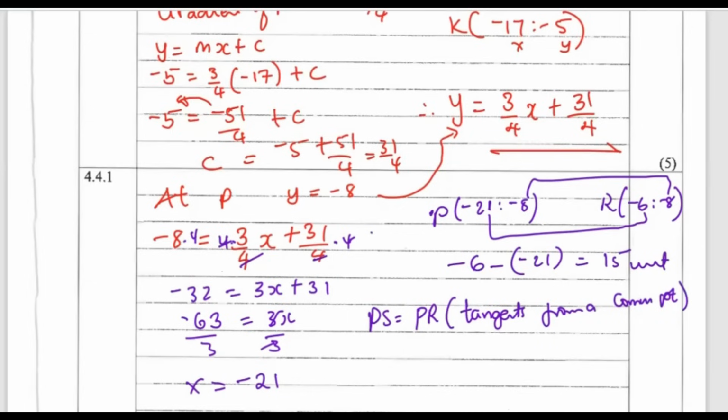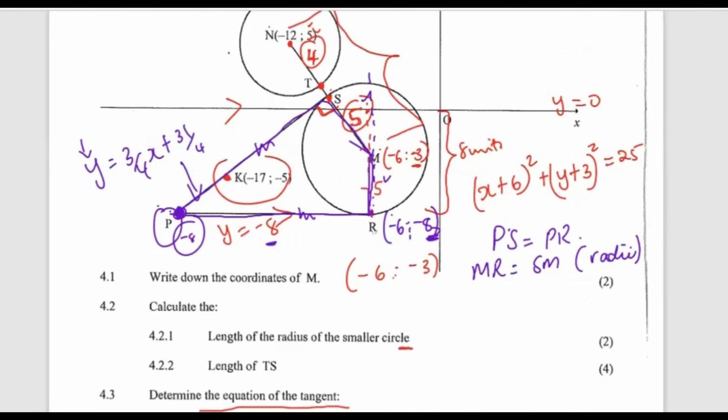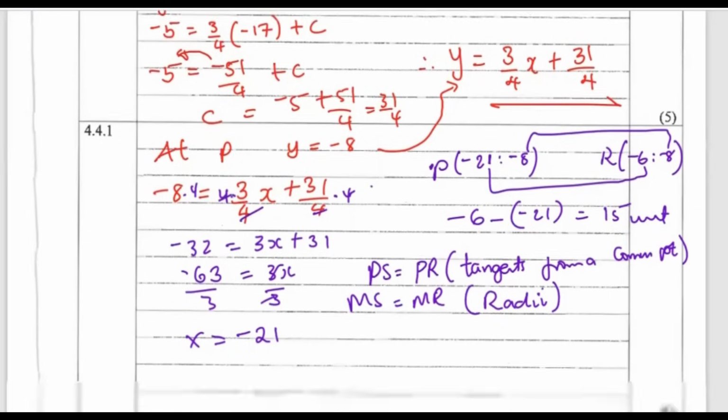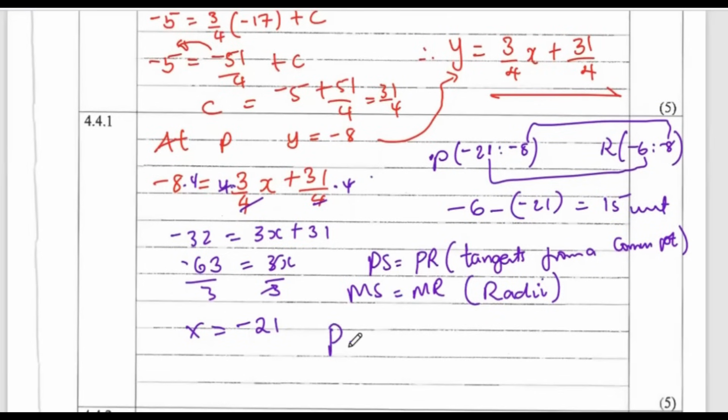Then we said MS and MR. MS is the same as MR, that is radii. So which means our perimeter is going to be 5 plus 5 plus 15 plus another 15. That's 40. I'm getting 40 units. There we go.